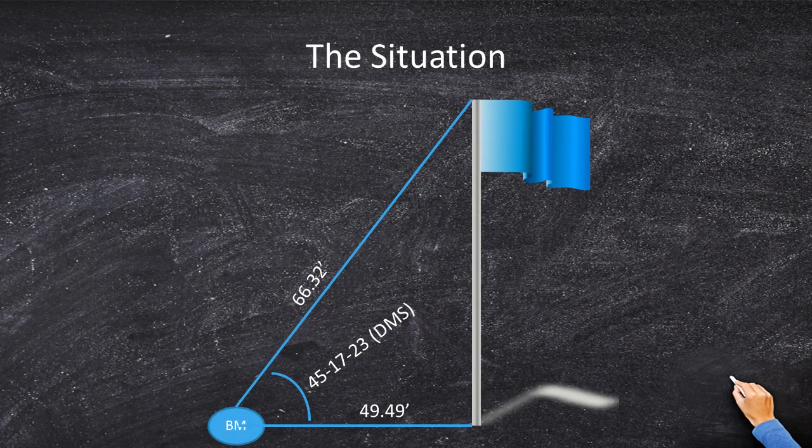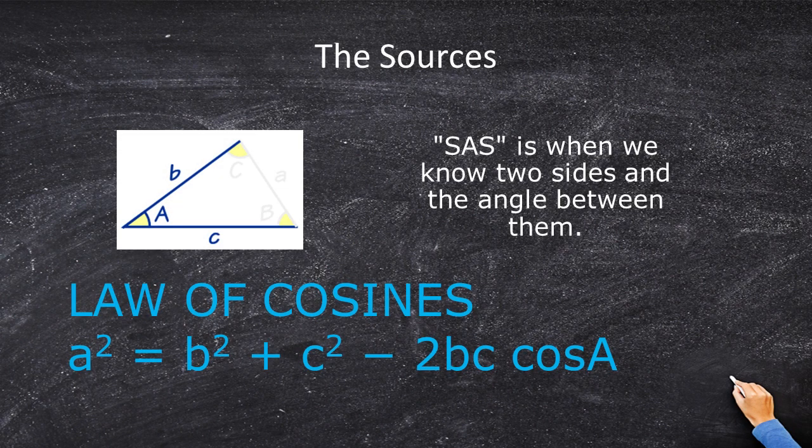Here we have one measurement from our instrument to the bottom, which is 49.49, another measurement, 66.32, top of flagpole, and then an angle of 45°17'23". This type of measurement is called a side angle side, and we are going to use the law of cosines.